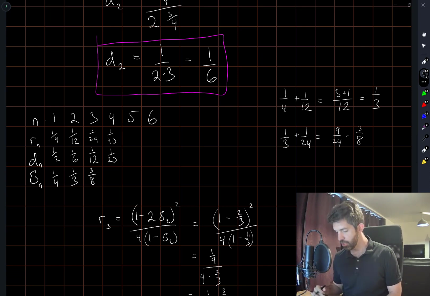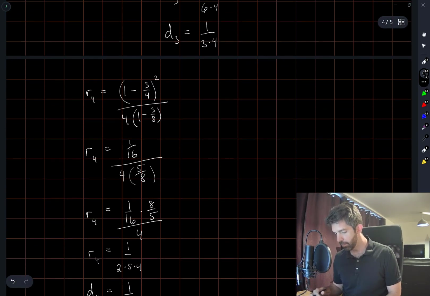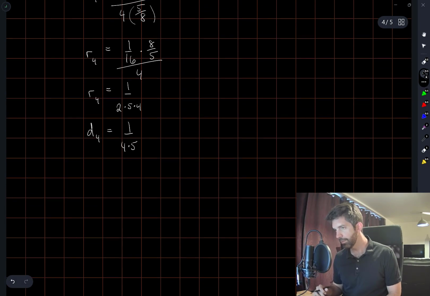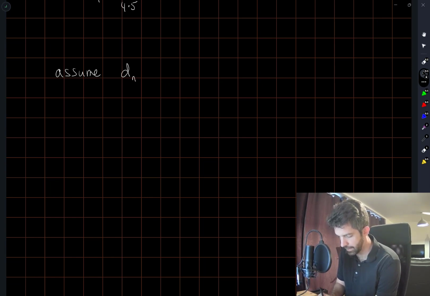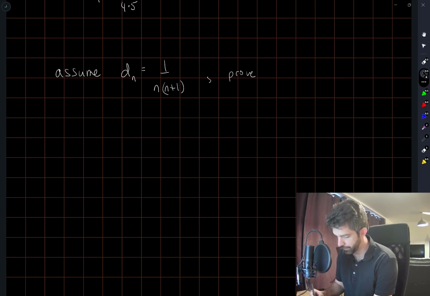If I wanted to show this in general, I would probably go by induction. So we'll assume Dn is equal to 1 over n times n plus 1, and we want to prove that Dn plus 1 is equal to 1 over n plus 1 times n plus 2.